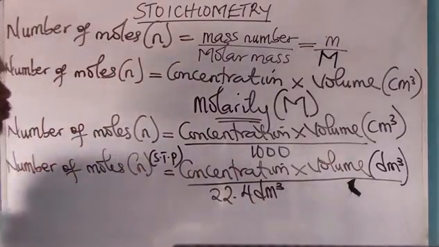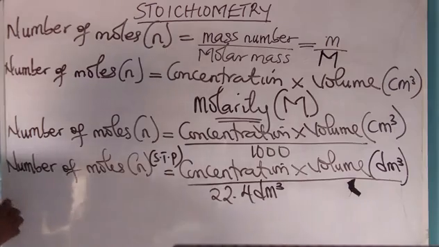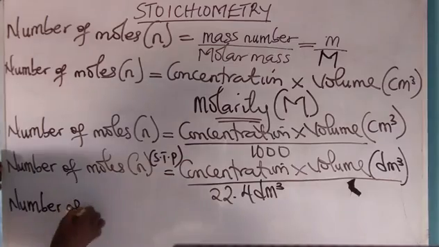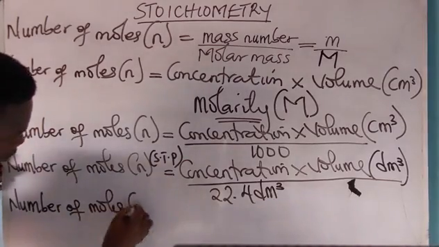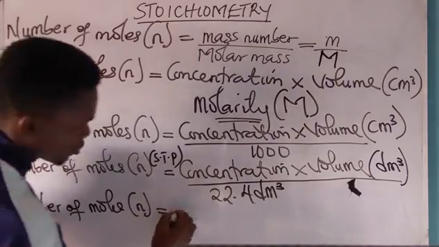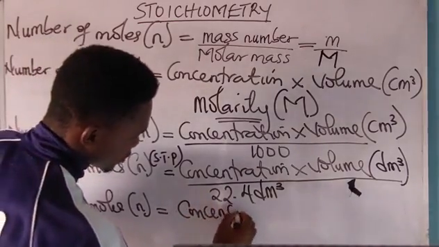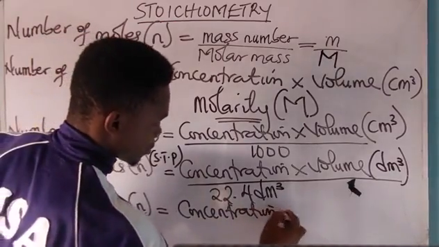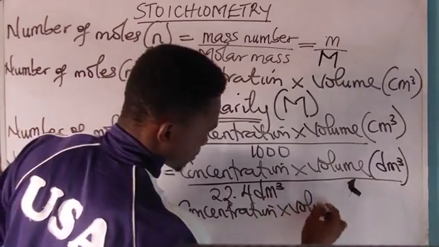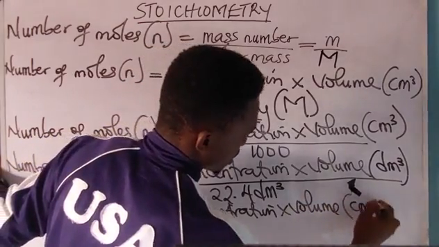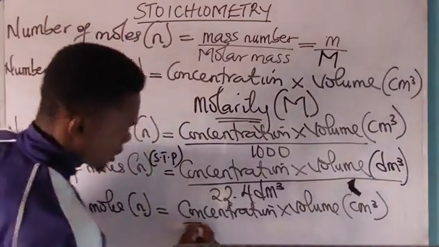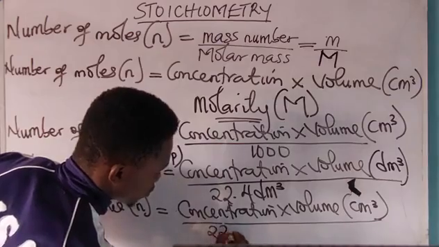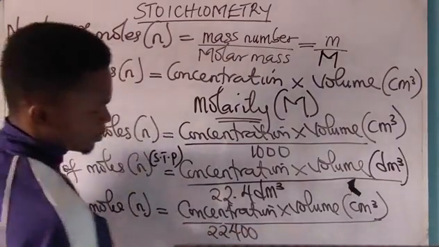But when the volume is in cm cube, the number of moles equals concentration times volume, that is in cm cube, and you then use 22,400.